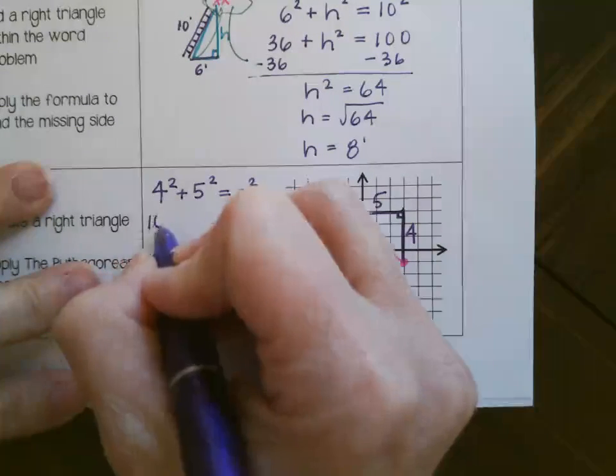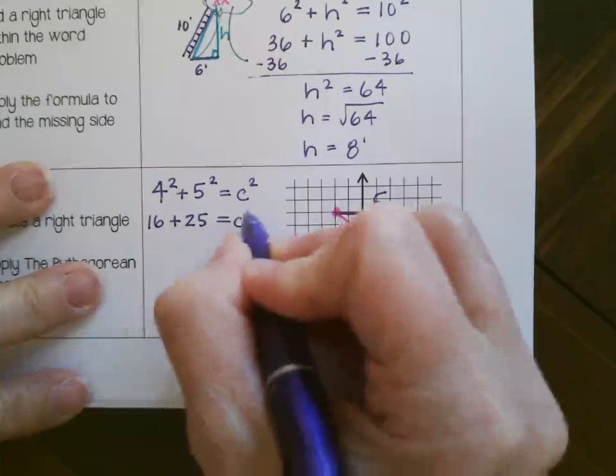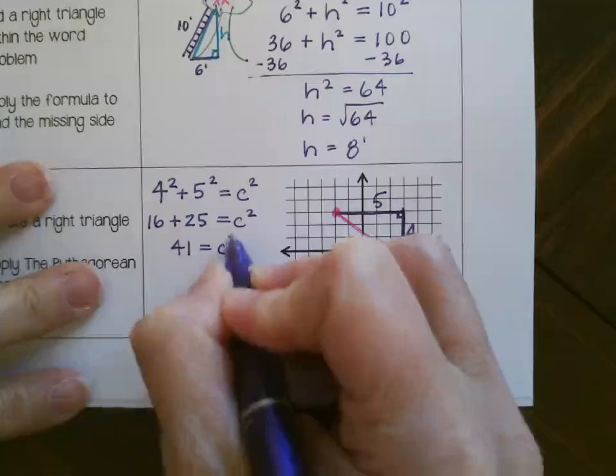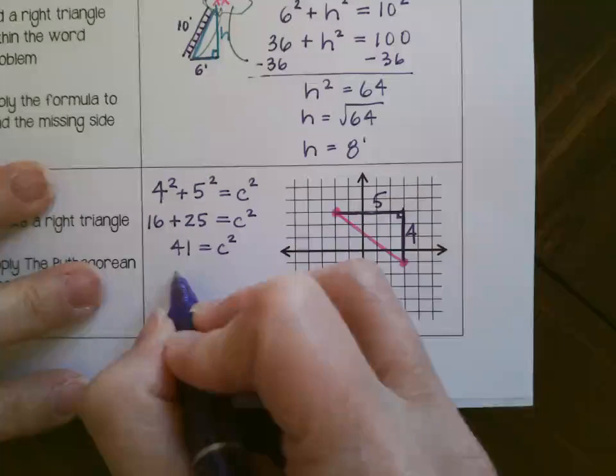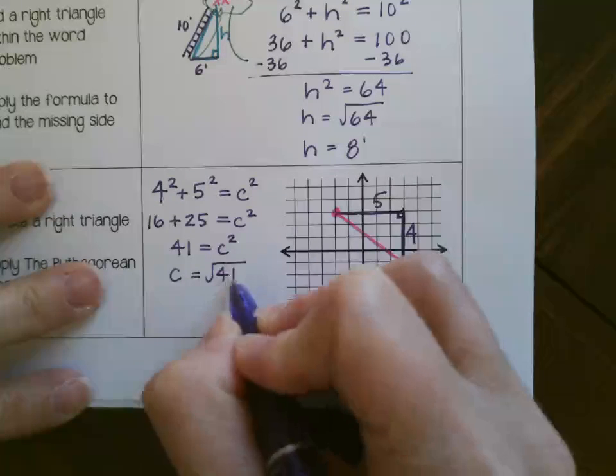So let's see, that's 16, that's 25. If I add those together, I get 41 for C squared, which means that C is the square root of 41.